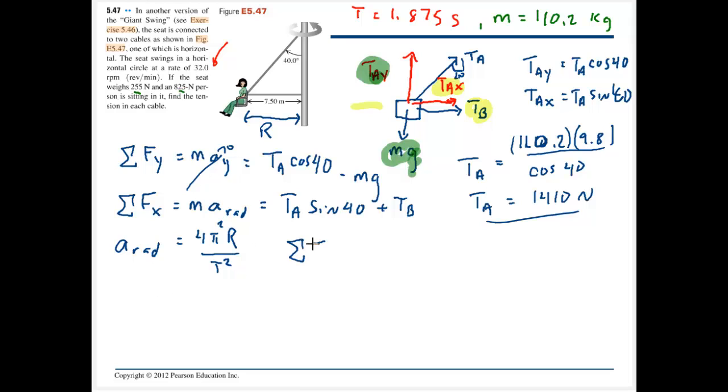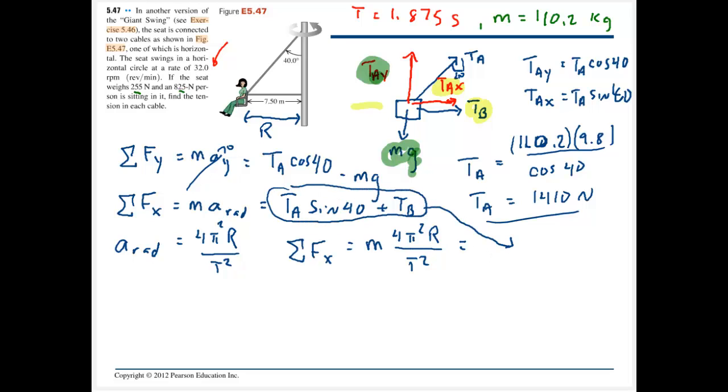So the sum of the forces in the x direction is going to be the mass times 4 pi squared radius divided by the period squared, is equal to tension A sine 40 plus tension B. And what I'm really interested in is solving for tension B.